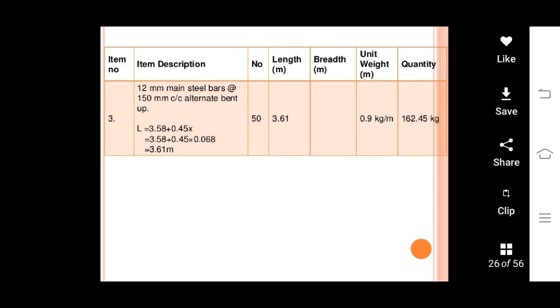The total number of bars is 50, length is 3.61, and the multiplication of these two along with the unit weight per meter, that is 0.89, say approximately 0.9 kg per meter, gives the total weight of 12 mm bar required for the slab as 162.45 kg.